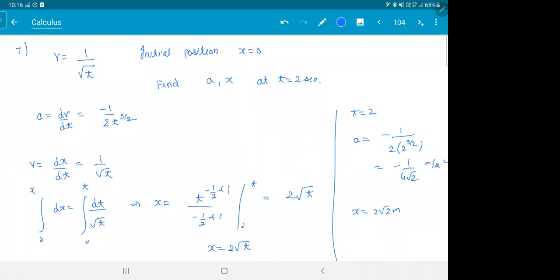Check out the steps. Any doubts, please ask me. Whenever I give you velocity and ask you for acceleration and position, it is one integration and one differentiation. Any step you didn't get, please ask me.